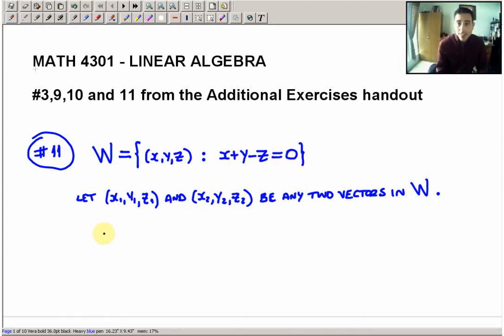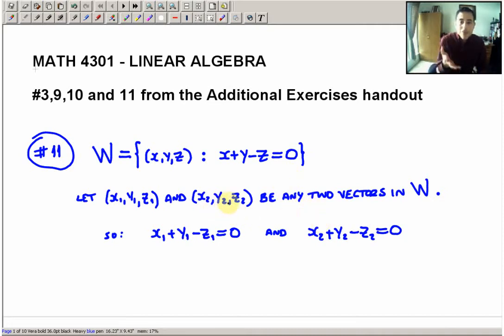So we have that x1 plus y1 minus z1 is 0 because this vector is in W. Same thing, x2 plus y2 minus z2 is 0, because x2, y2, z2 is in W, therefore the vector satisfies this equation.